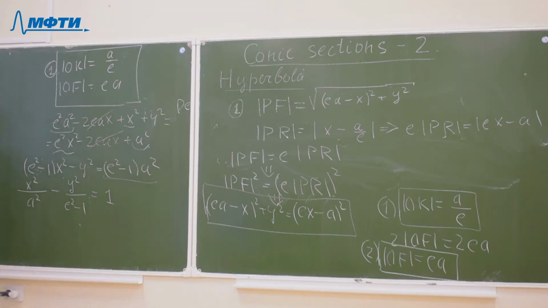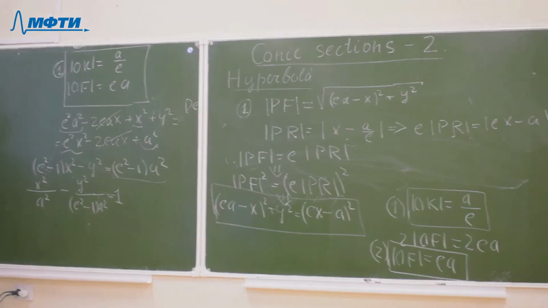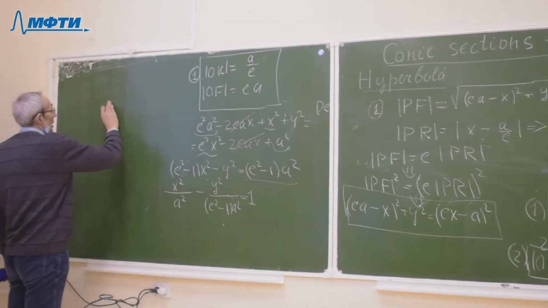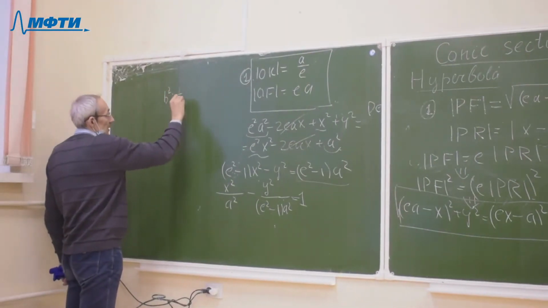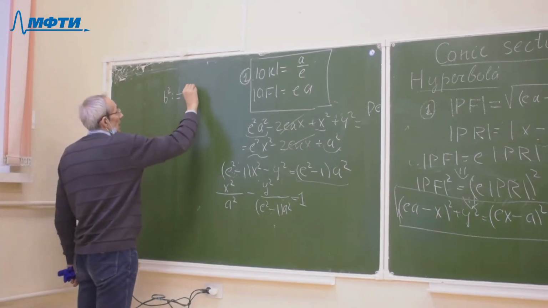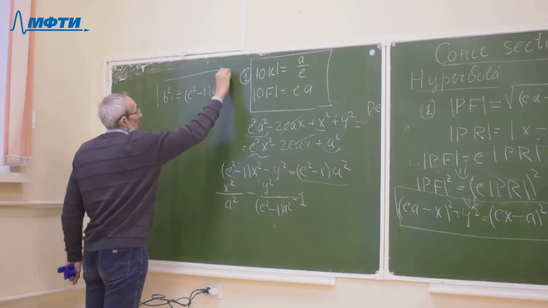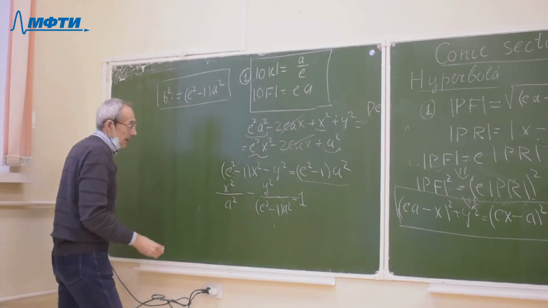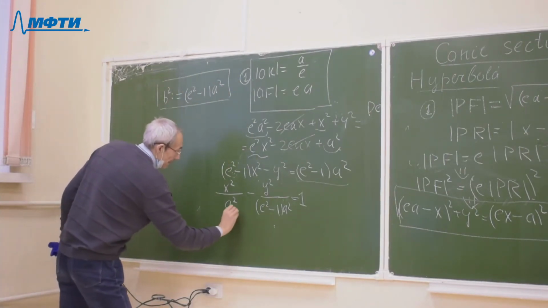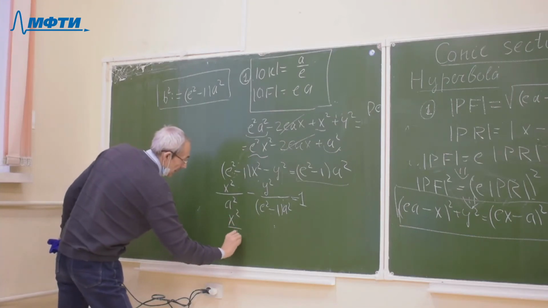Let's introduce a new parameter, the product e square minus 1 and a square. Let's denote this expression e square minus 1 a square by b square, and we obtain the final expression.